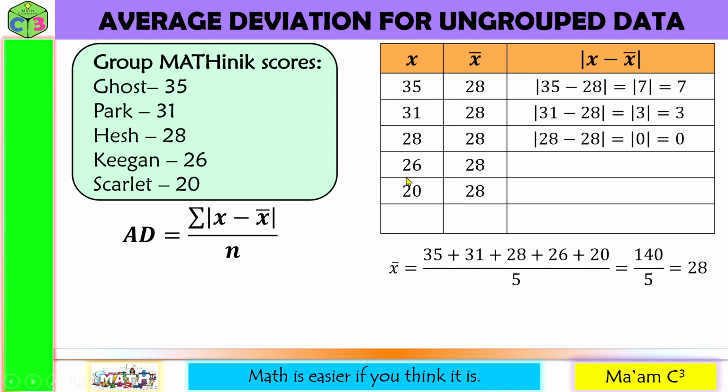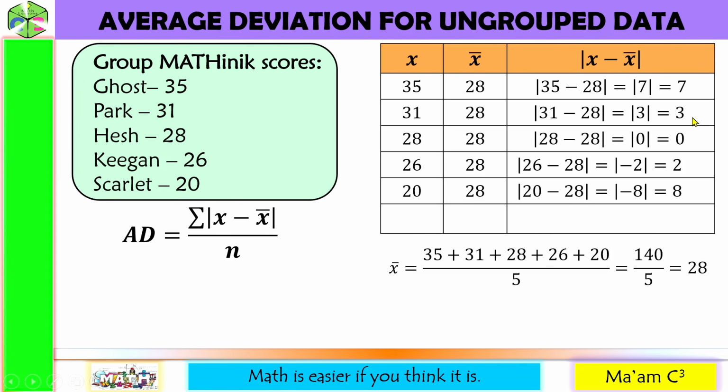Next, the absolute value of 26 minus 28 is the absolute value of negative 2, and that is positive 2. Last one, the absolute value of 20 minus 28 is the absolute value of negative 8, and that is positive 8.